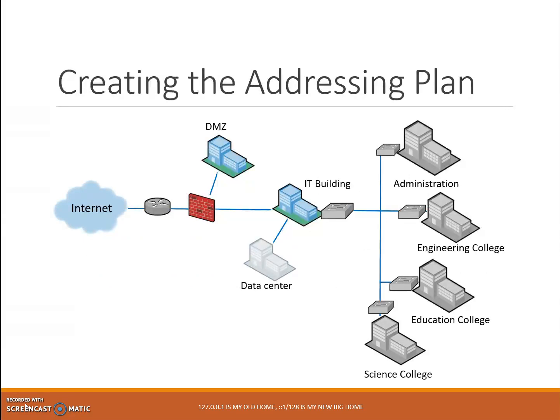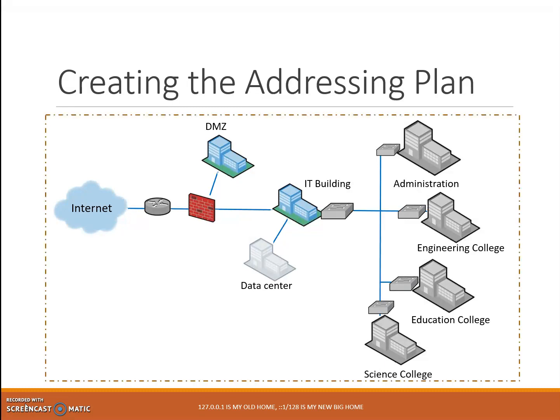In our network, the top-down approach seems to be more applicable. But we need first to identify the site and the intra-sites within the site. The university campus has one site, which is the whole university campus network.